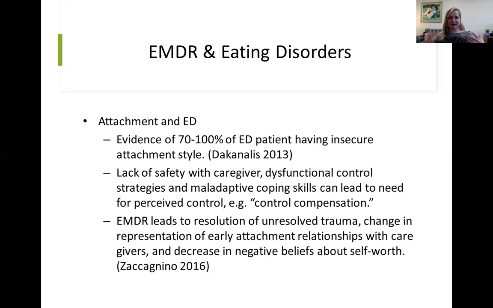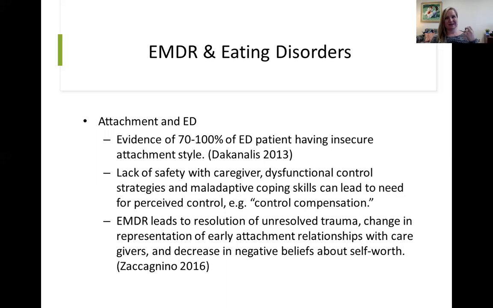I'm going to talk a little bit about the EMDR Eating Disorder Protocol, which is really based on attachment-related issues. So a lack of safety with a caregiver, dysfunctional control strategies because of that lack of safety, and maladaptive coping skills can lead to this need for perceived control, or control compensation.